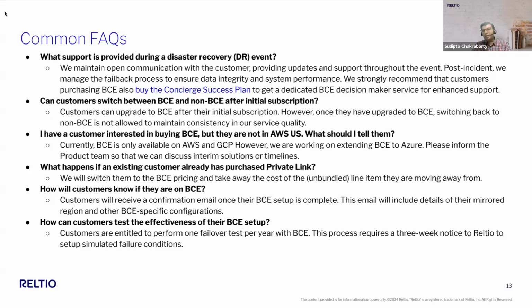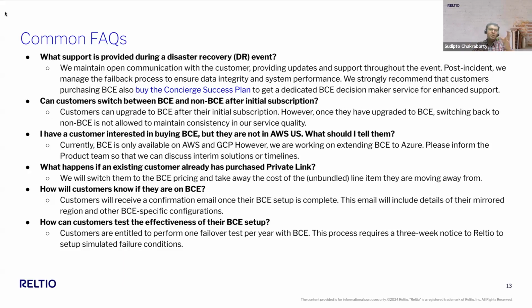Another interesting question we have received is: what if I am an existing customer and have already purchased the add-on Private Link separately, and I now want to move to BC, and you are saying Private Link is packaged under BC, so I'm going to pay double for that?